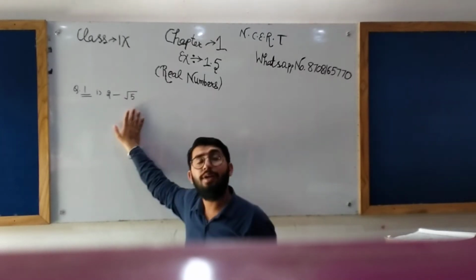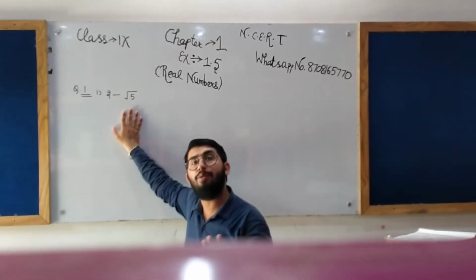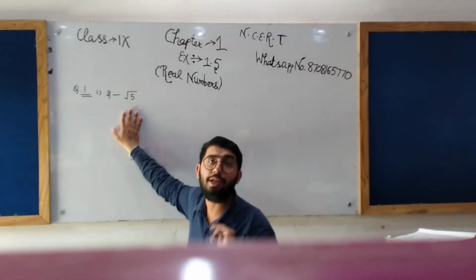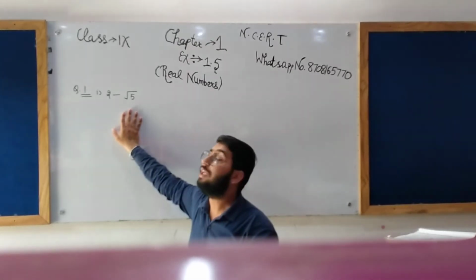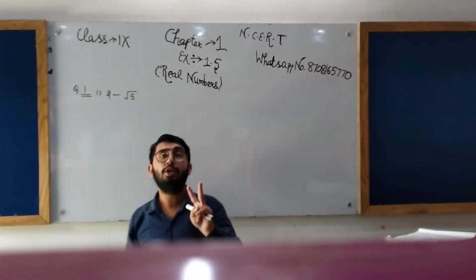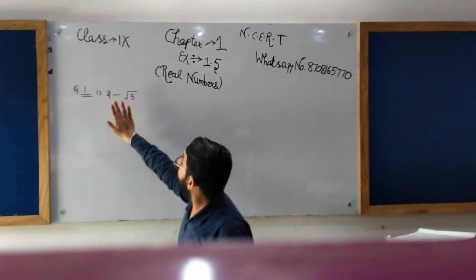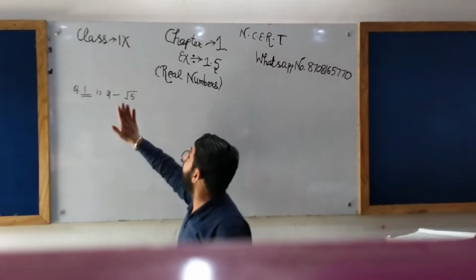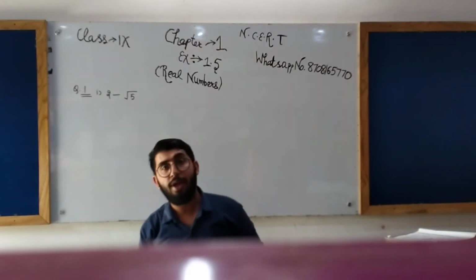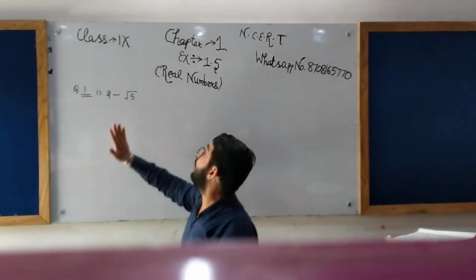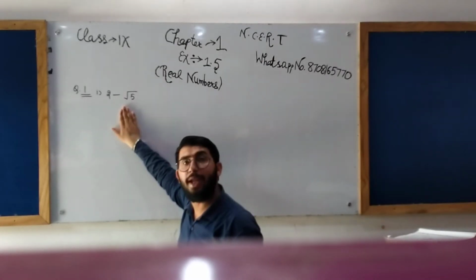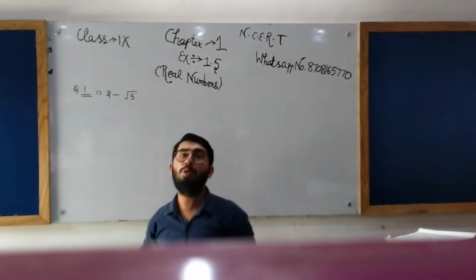But root 5, can we remove the square root of 5? No, we just can't remove it, because for removing the square root we need two same factors. 2 is a rational number and root 5 is an irrational number, and we just can't subtract root 5 from 2.